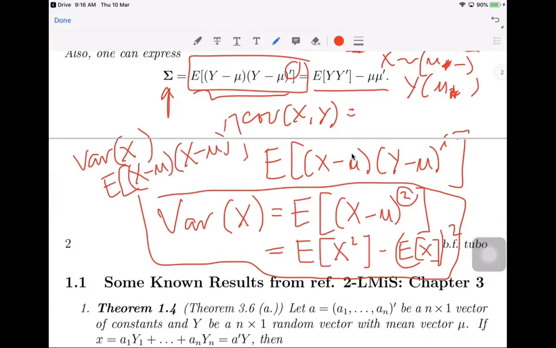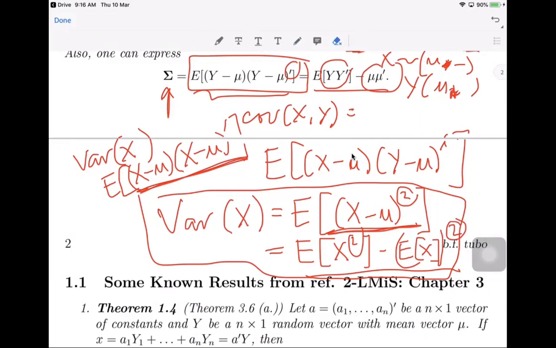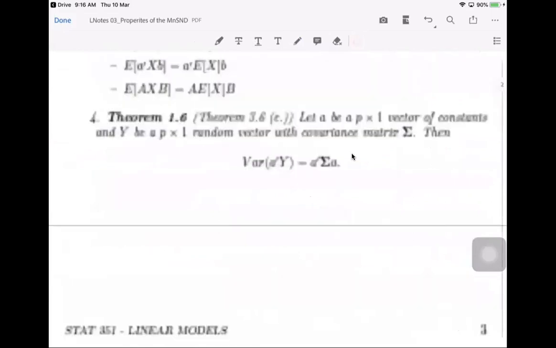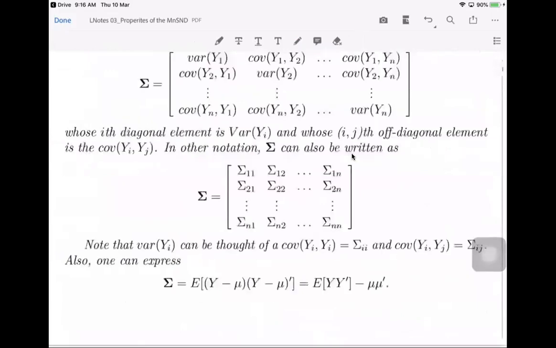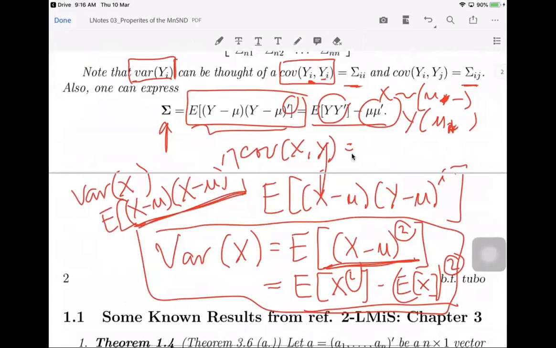The squares are substituted by primes. The square is the usual form you see in the univariate case; in the multivariate case, that is changed to primes. Do you follow?